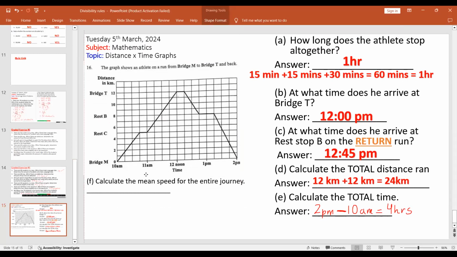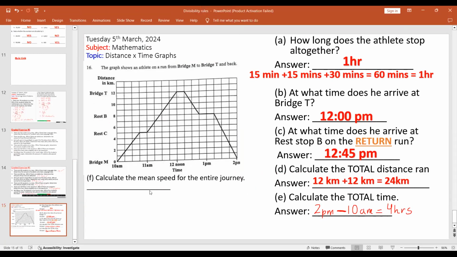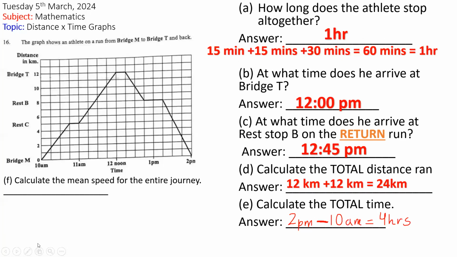So we have to do that. Average speed is distance over time. So average speed, or in this case, mean speed, is going to be the distance divided by the time.